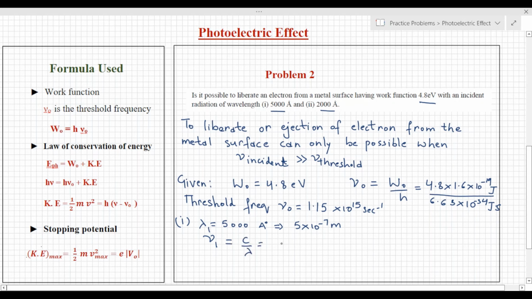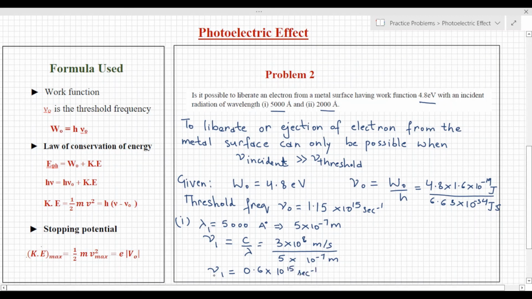c is your speed of light, 3 into 10 raised to the power 8 meters per second, and lambda is 5 into 10 raised to the power minus 7 meter. So your nu 1 will come out to be, when you solve it, 3 by 5 will give you 0.6, and 10 raised to the power 15 per second.